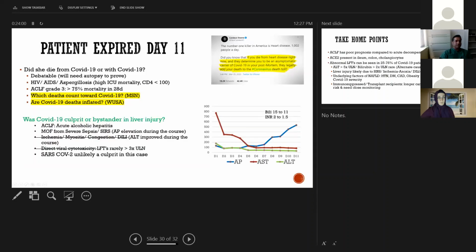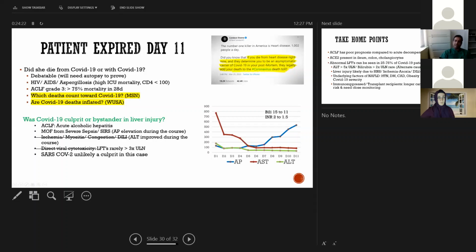The next question is really whether COVID-19 is a culprit or a bystander in her liver injury. So if you follow the liver enzymes graph, the AST and ALT significantly improved. INR and bilirubin more or less stabilized. So causes like ischemia, myositis, congestion, drug-induced liver injury are out of the question.